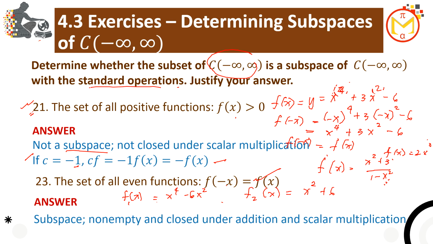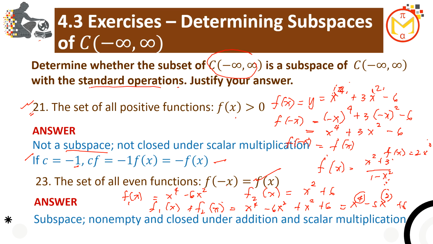Now if you add these two, f sub 1 plus f sub 2, since the exponents are even, you will have x raised to 4 minus 5x squared plus 6. You check all the exponents, still even. So it is closed under addition.